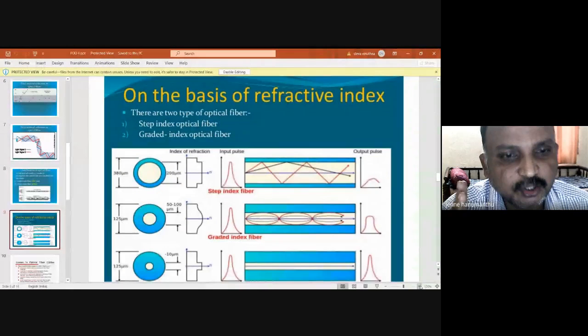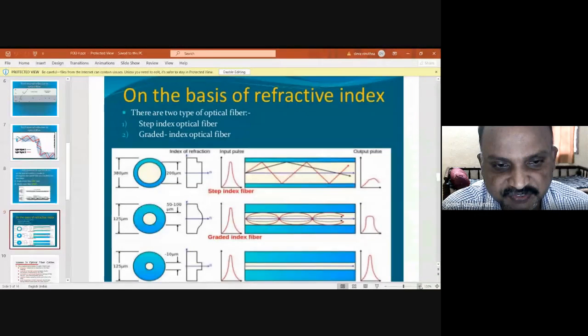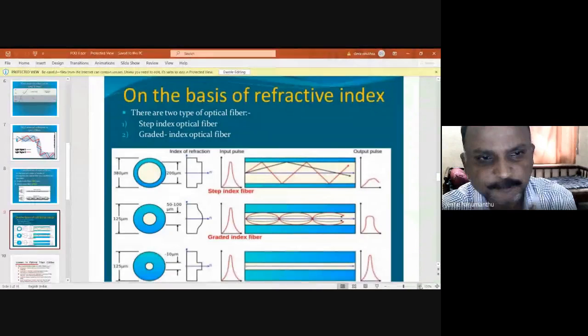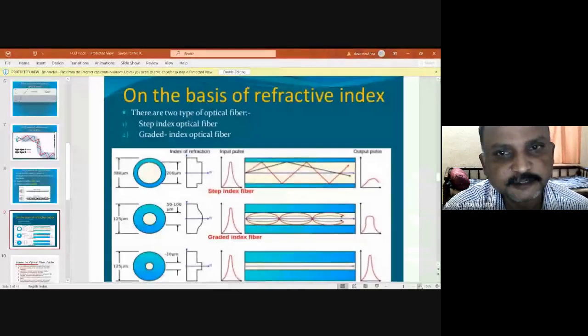Whatever light enters the core should stay within the core and be propagated. No light should be in the cladding, and no light should go out of the cladding into the atmosphere. That is called loss. That type of core and cladding combination fiber we can design and manufacture.